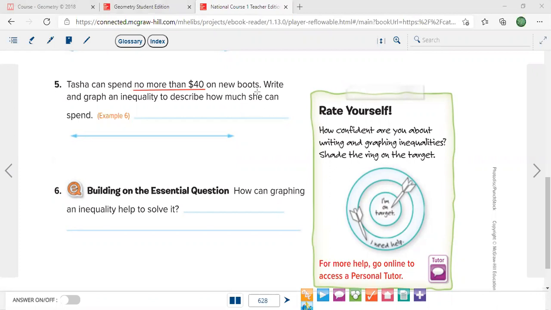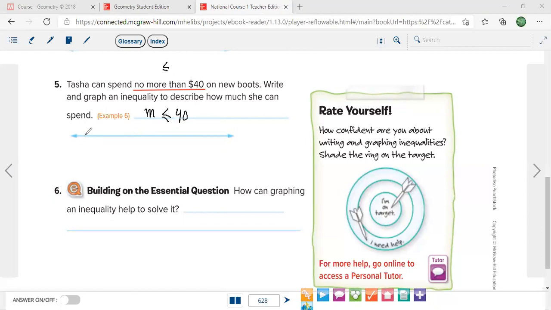Write and graph an inequality to describe how much she can spend. So if we say M for money, the money she can spend should be no more than $40. So the money she can spend is smaller than or equal to 40.